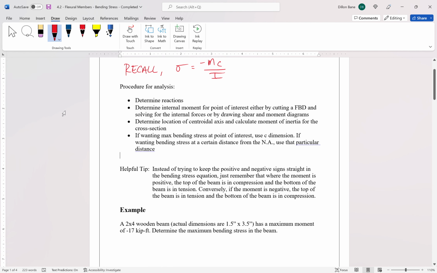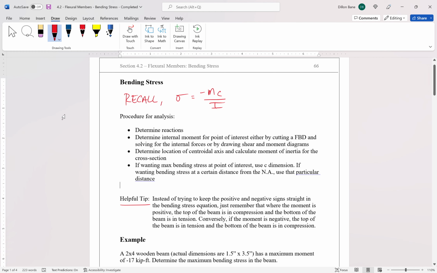I also want to make out this little helpful tip right here. So sigma equals negative MC over I, and in the equation, obviously we have a negative sign. We also have our next variable, which is M. M could be positive or negative. We can have positive and negative moments. When we draw our moment diagram, sometimes the moment is positive, sometimes it's negative.